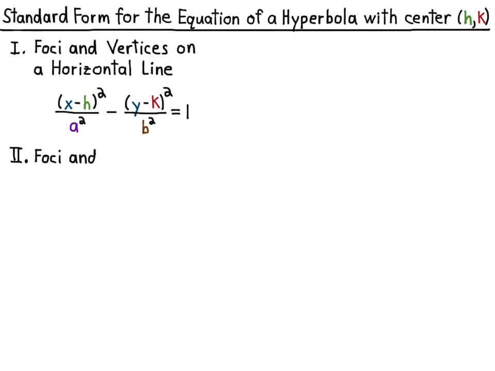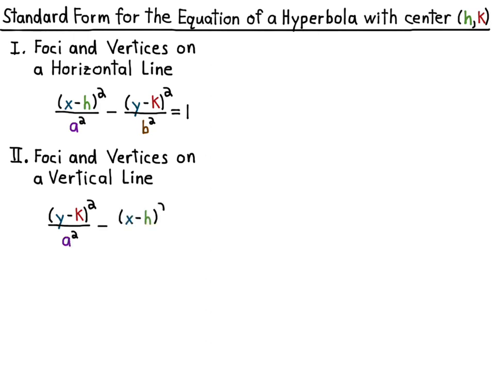Okay, for the second type, the foci and vertices are on a vertical line. That's the second one I had on the previous page. This is (y minus k) squared over a squared minus (x minus h) squared over b squared.